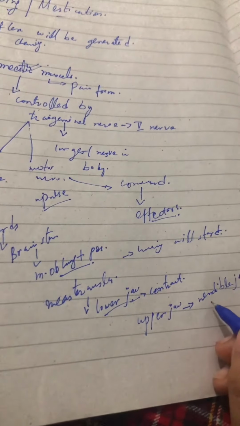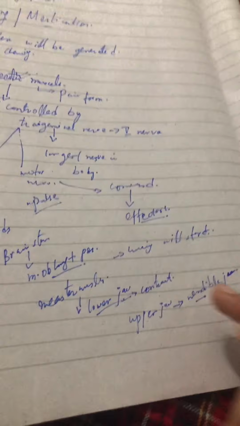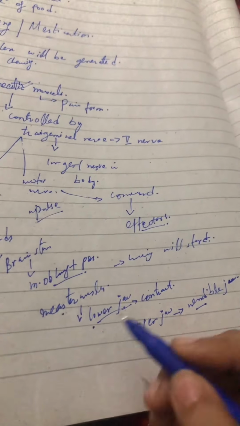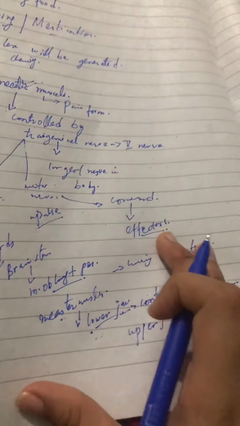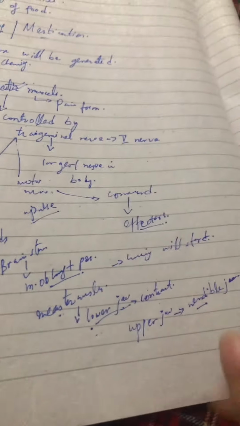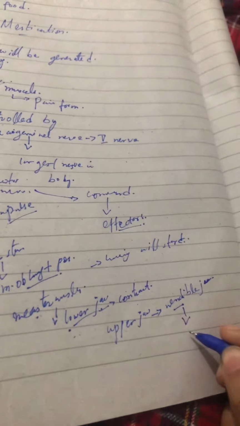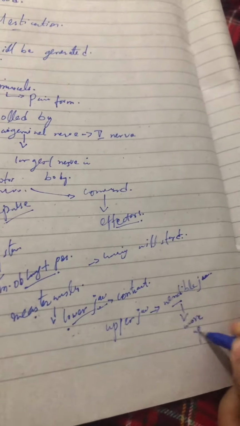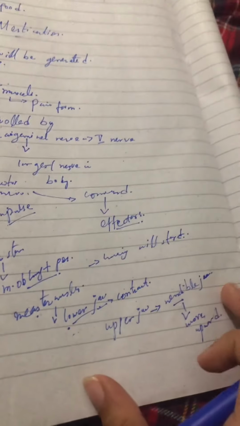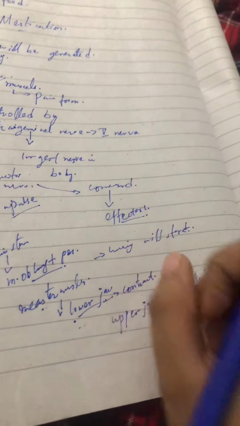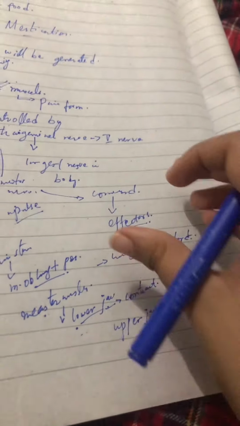The upper jaw is known as the mandible jaw, and when the lower jaw muscles contract, the mandible moves upward.